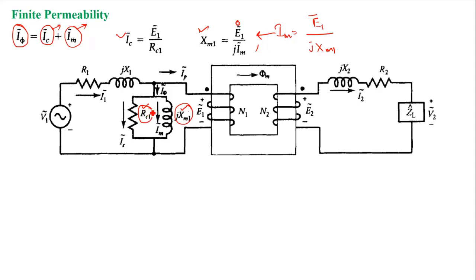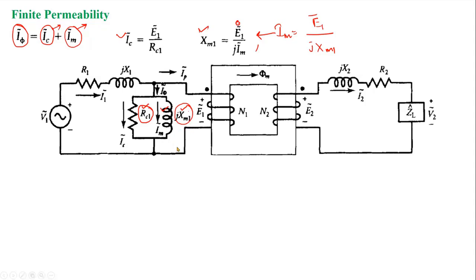So the core loss component is represented through RC1, and the other component produces only magnetic flux. It has no loss component. So it is clear that this component is purely inductive. So the component representing the mutual flux can be represented as an inductive component, and hence it is represented as xm1.